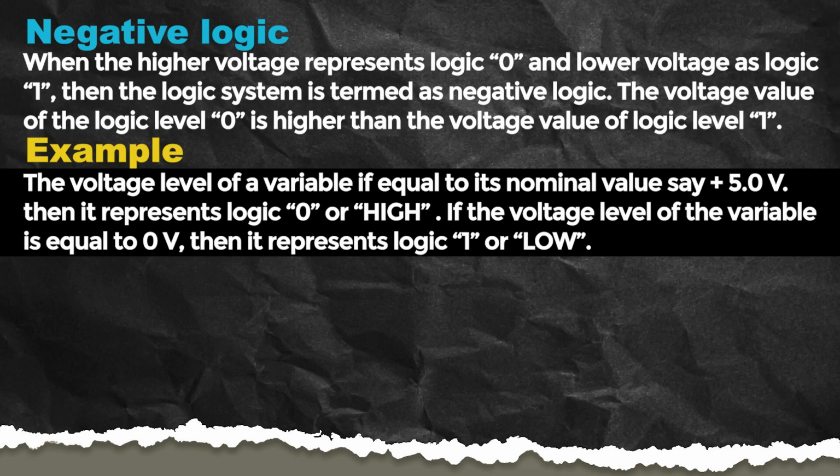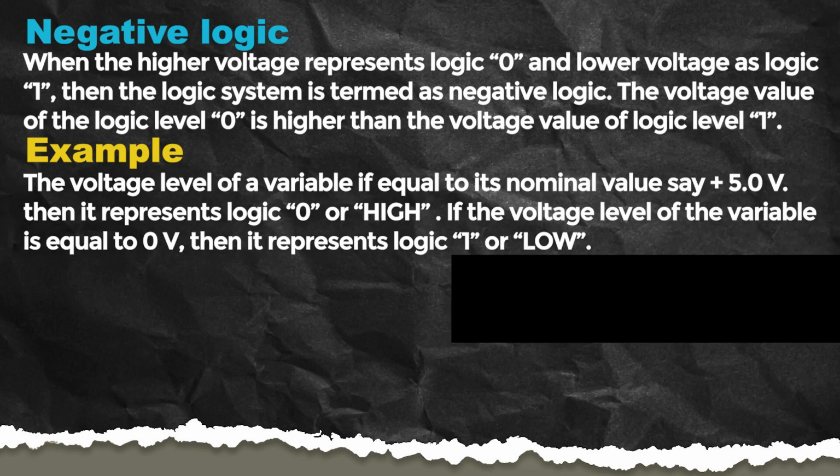If the voltage level of variable A equals its nominal value, say plus 5 volt, as per the negative logic, it represents logic 0 or high. If the voltage level of the variable is equal to 0 volt, then it represents logic 1 or low. Then we call it negative logic.